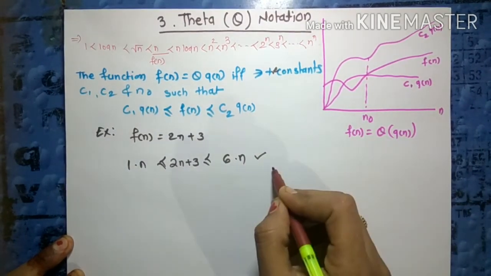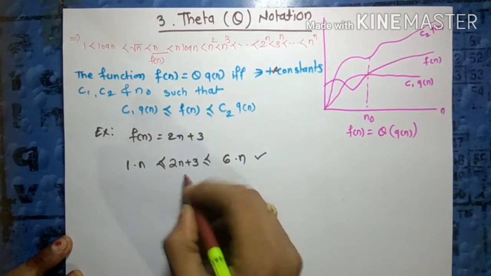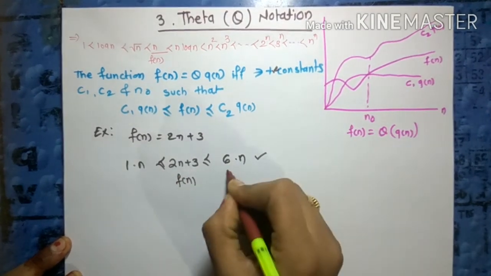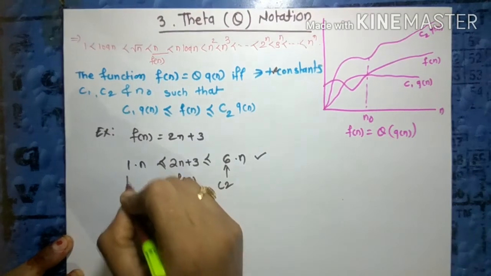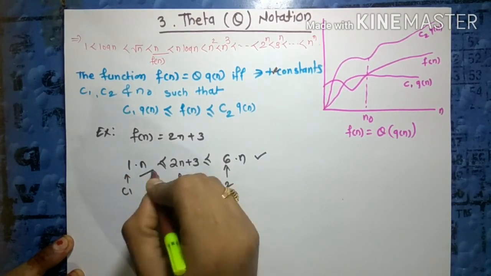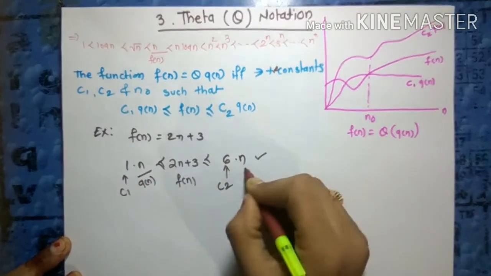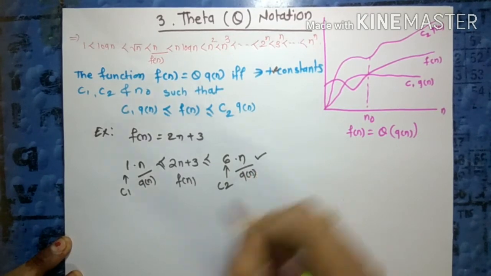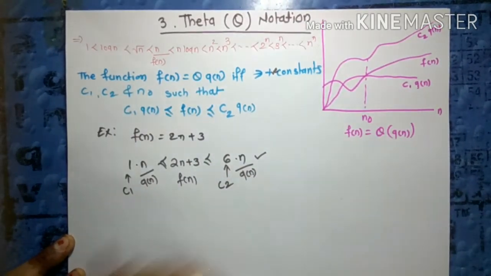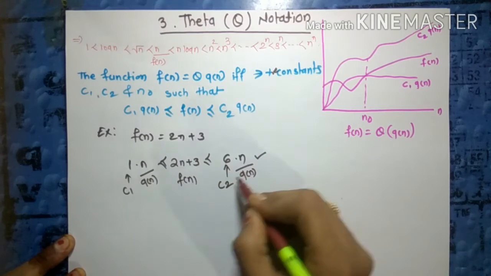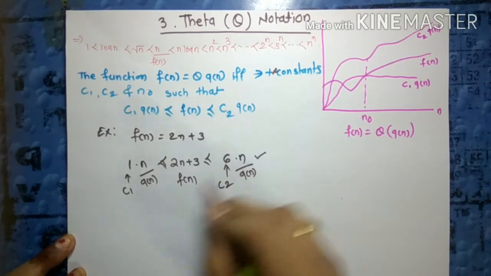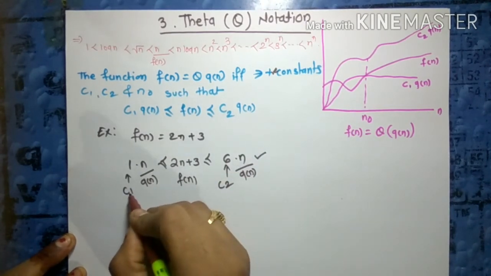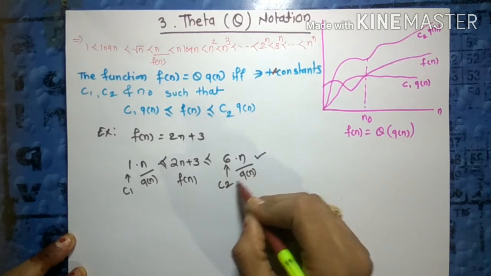So here we can say that this is our f of n, this is our c2, this is our c1, and this is g of n, and this is also g of n. G of n is the same, whereas c1 is less than f of n and c2 is greater than f of n.